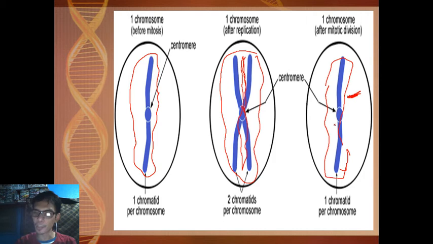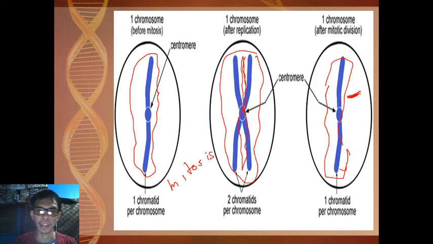After telophase, it will look like this. So we have prophase, metaphase, anaphase, and then telophase. This is seen during mitosis. That is how the DNA in the chromosome looks after mitosis.